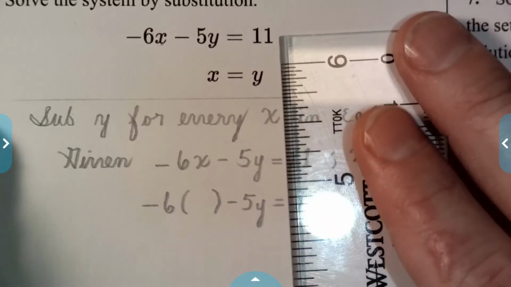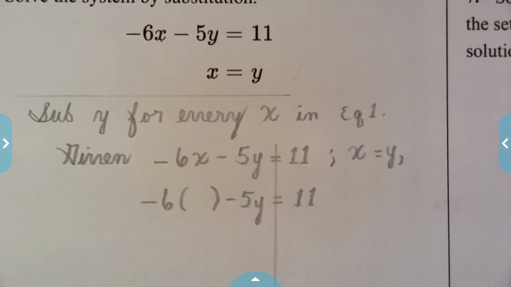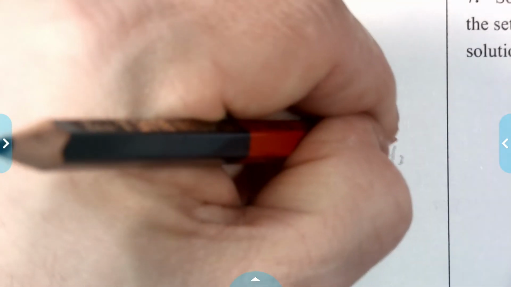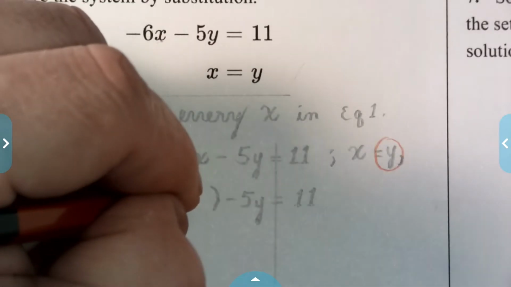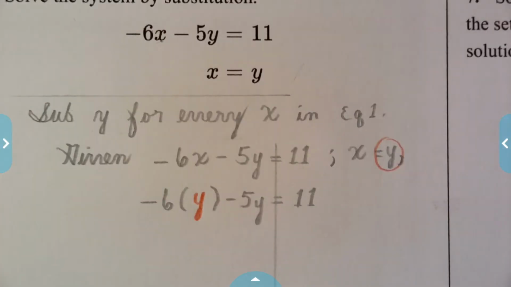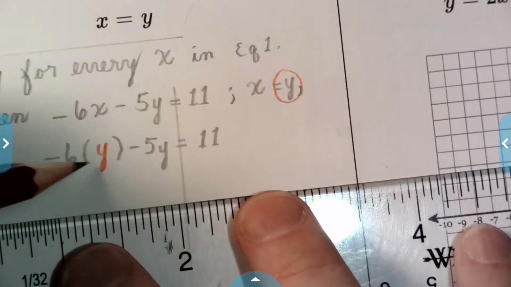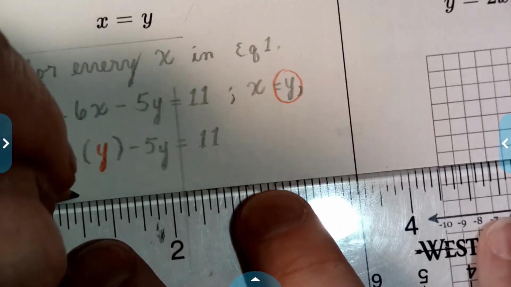All right, so what goes in there? Well, that y goes in right here. So not a number, but a letter. And so now we have negative 6y minus 5y. So let's write that out.